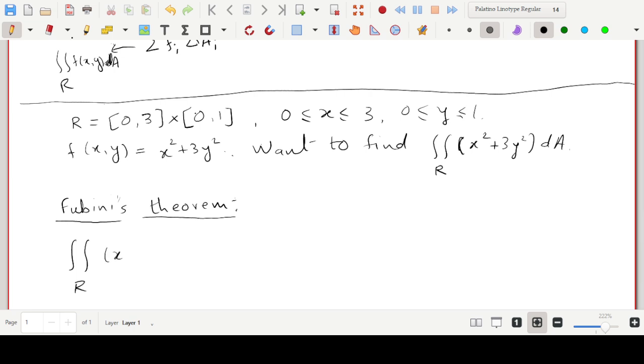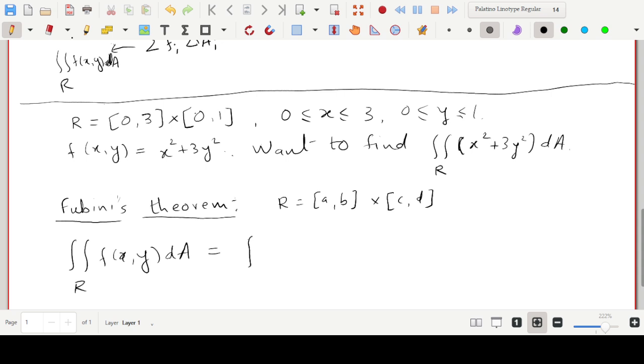So let me write this. In general, the double integral of f of x, y dA is equal to, suppose R is the rectangle [a,b] cross [c,d].